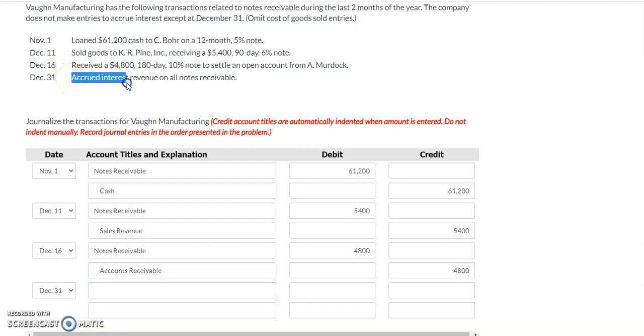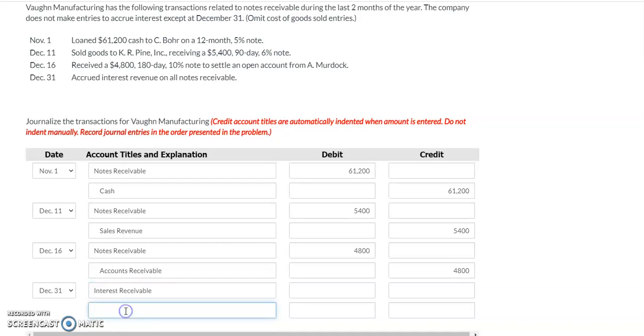Then we get to our last transaction on December 31st. The company is going to record the accrued interest revenue on all 3 of these notes receivables. So we're going to have to do a little bit of math here. And we know that when we receive interest, it's going to be an interest revenue. But because we haven't received it yet, this is going to be an interest receivable.